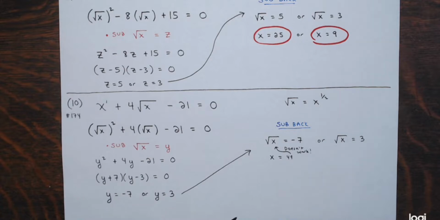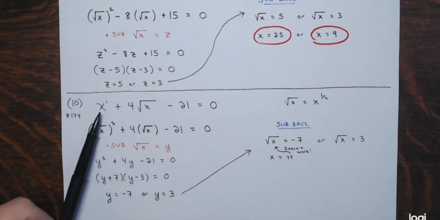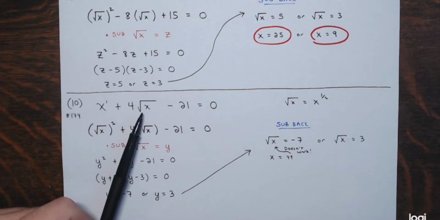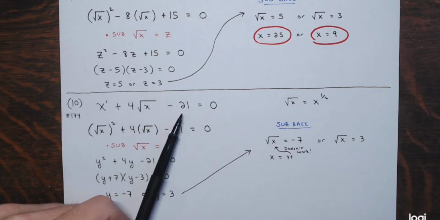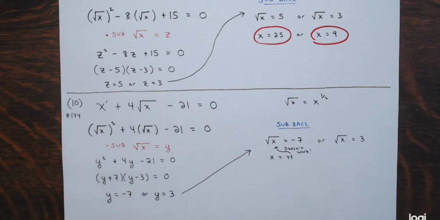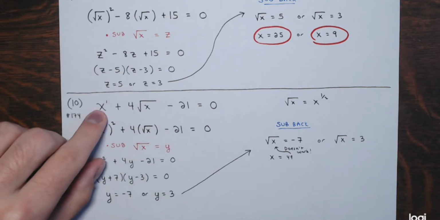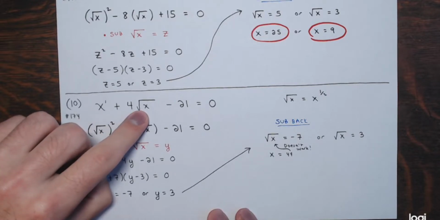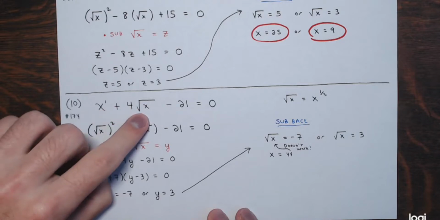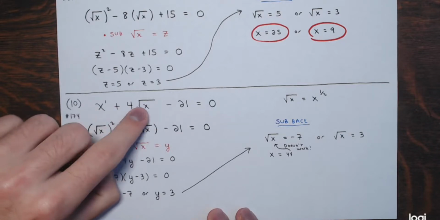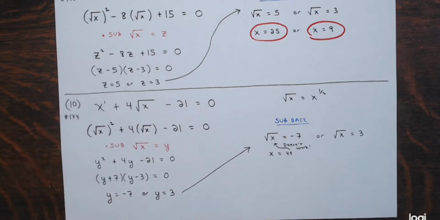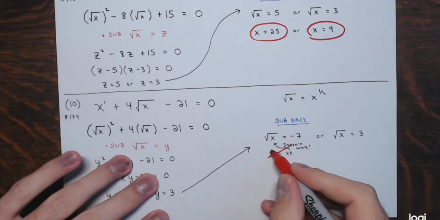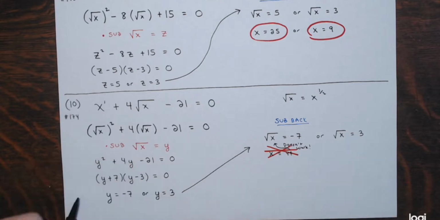And even if you were to check 49 in the original equation, 49 plus 4 times 7, since the square root of 49 is 7, is 49 plus 28 minus 21, which is 56. That's 56 equals 0, so I'm not getting any solutions from this equation.